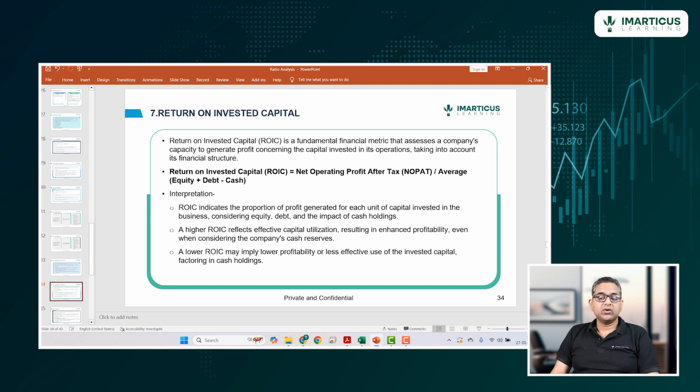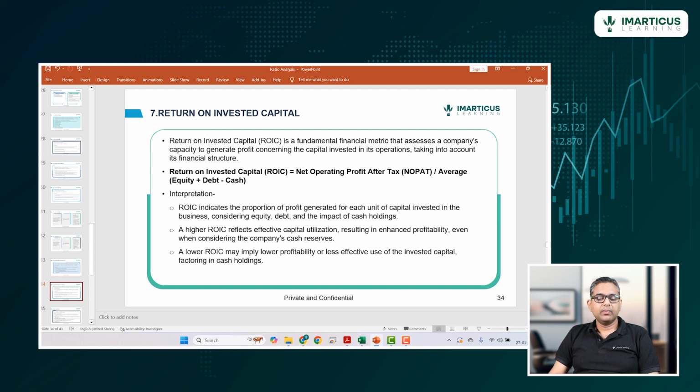Next we have is return on invested capital. So invested capital means we have provided the capital, but has the company invested it in the form of working capital or long-term assets? Is the company utilizing the capital it is provided?